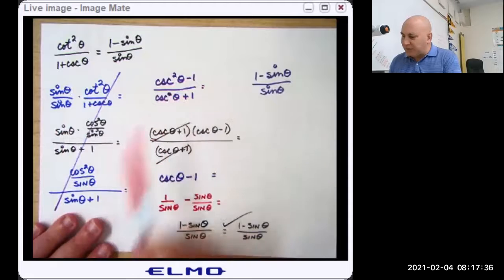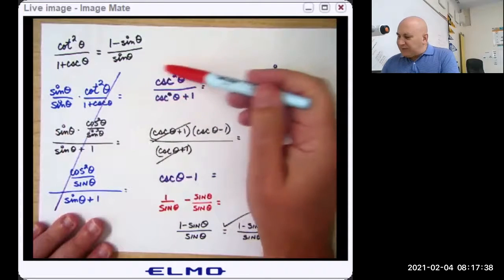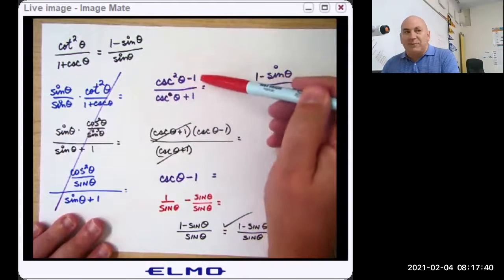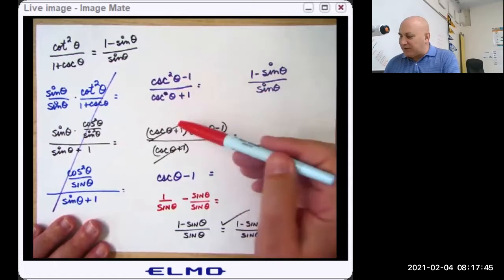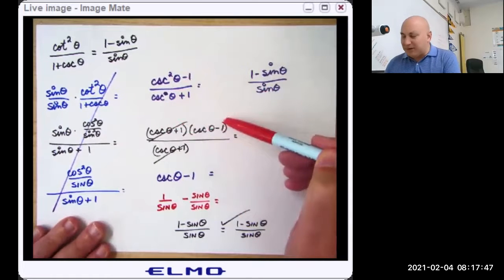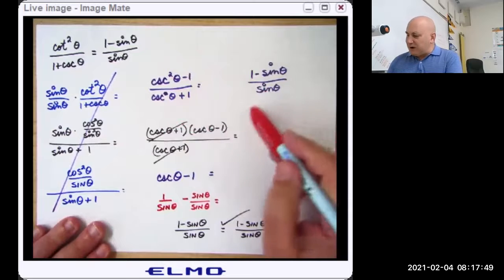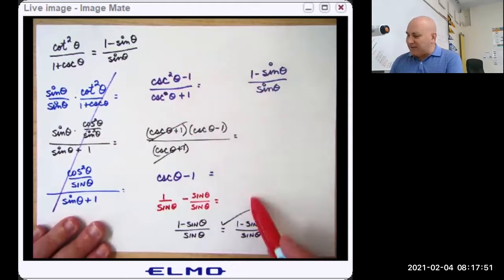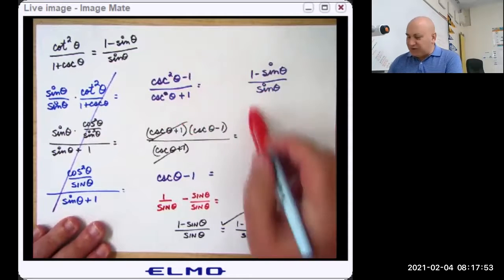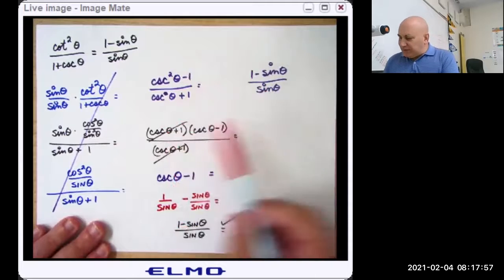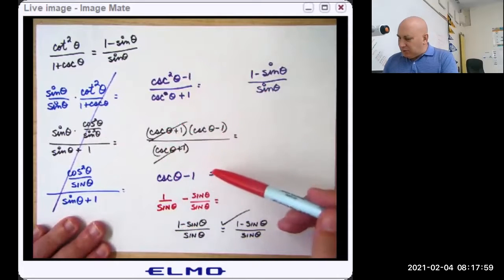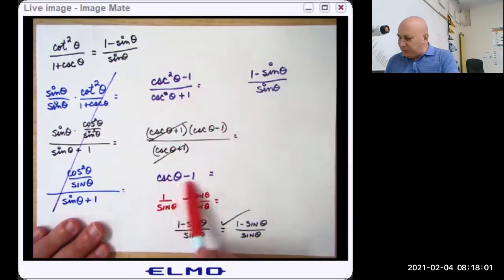That was a mistake. Well, this is an a squared minus b squared, so I should be able to factor that to a plus b times a minus b. Notice I'm not even writing the right-hand side of the equation because I don't want to touch it. These will cancel. So now I'm just left with this.